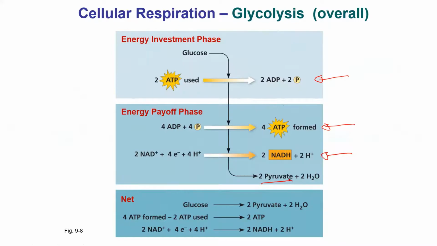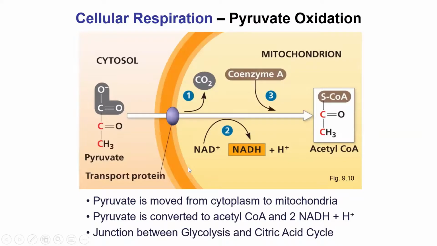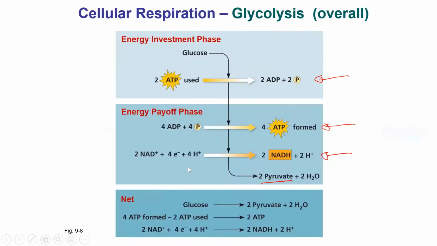You can see the net reaction at the bottom. They're being a bit more thorough than I am because they have the water, and they're doing 4 minus 2 for the ATP. So that is glycolysis. Glycolysis takes place in the cytoplasm, and maybe that's worth noting.